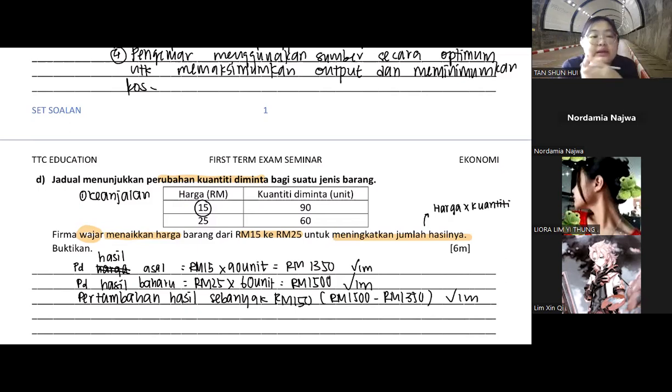If you really cannot relate to keanjalan, doesn't matter. Use the most mathematical way. Calculation can be part of your marks as well. And then because they ask you to prove, the conclusion: do they increase hasil? Yes. So you can say it.